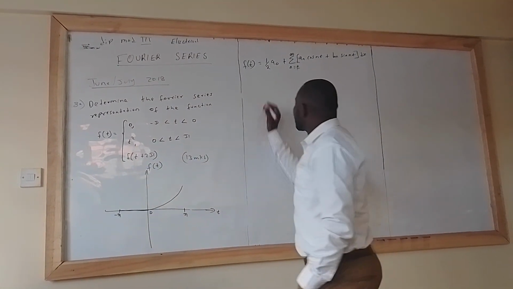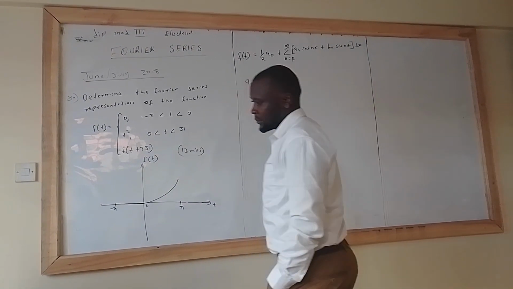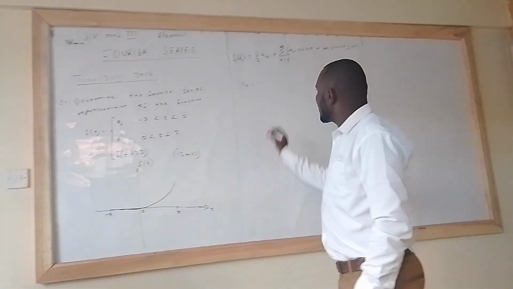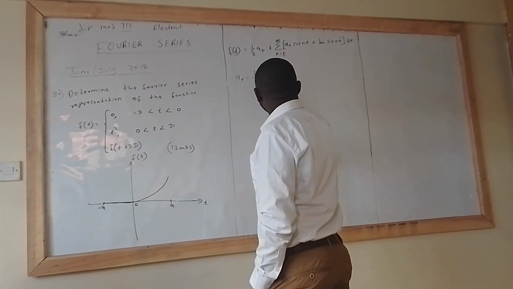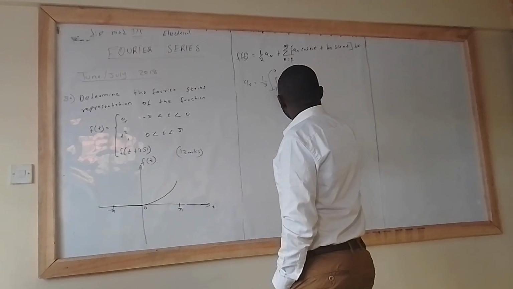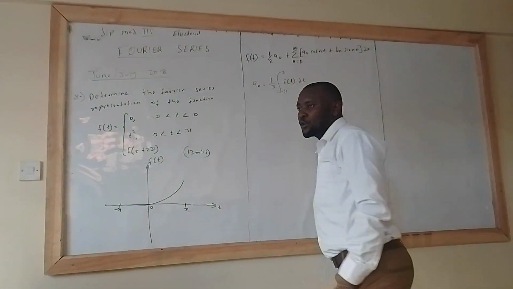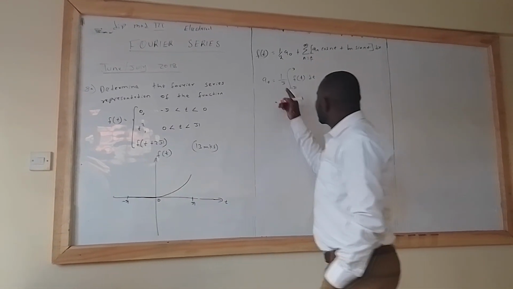Now, let's start with a naught. Our a naught is given by 1 over pi, the integral from negative pi to pi of the function of t dt. Now, what is our answer?